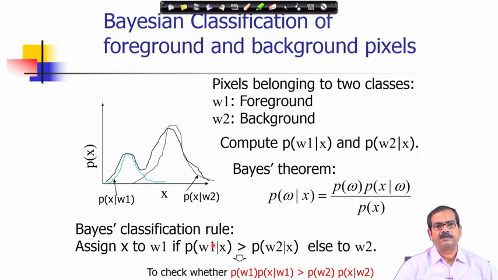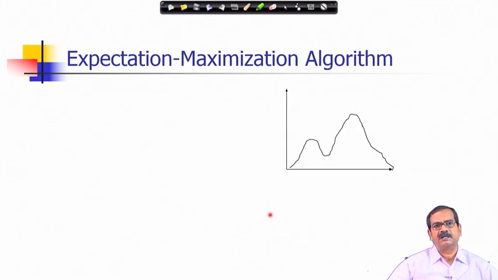This is proportional to these values, and given a particular x, P(x) is already given by the data itself. Let us see how these computations can be carried out. There is an algorithm by which we determine these thresholds. We call it the expectation maximization algorithm.